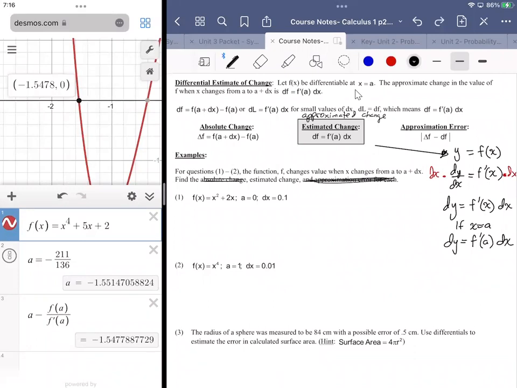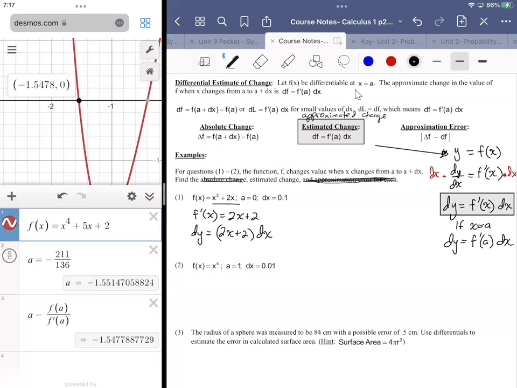So let's say we have this function x squared plus 2x. If I were to plug it into this form, that's really all we would need to do. I would have to determine f prime of x, which is 2x plus 2. The estimation would be dy is equal to 2x plus 2 dx. Now they told us a couple pieces of information. They told us the a value and they told us the dx value.